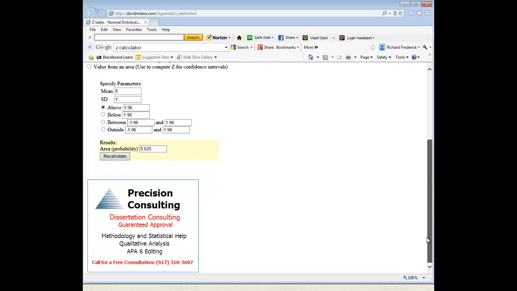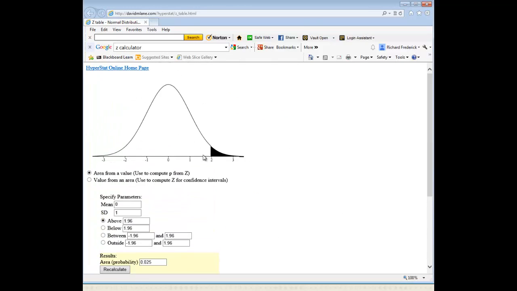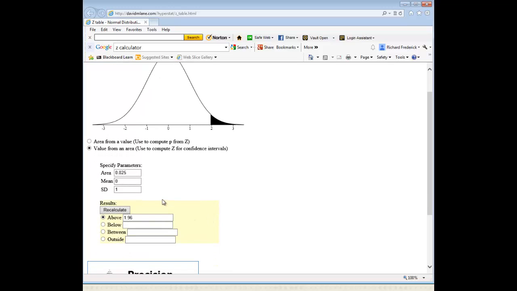Now there are two pictures that it will give. It has changed a little bit. You can make the two choices up here. We want an area from a value, but what we really want is a value from an area. A z distribution has a mean of 0 and a standard deviation of 1.